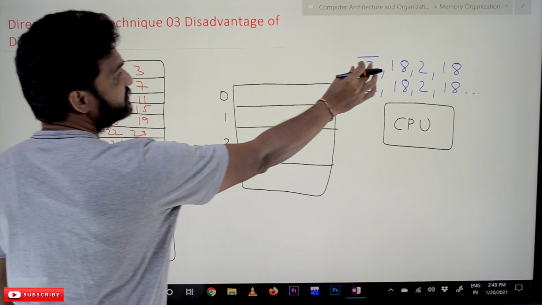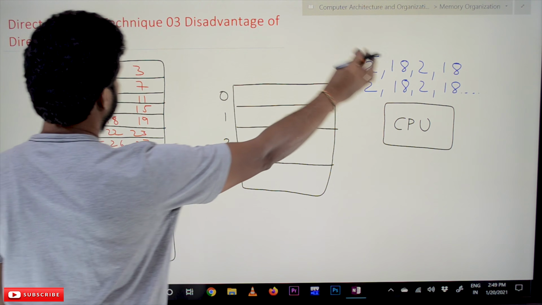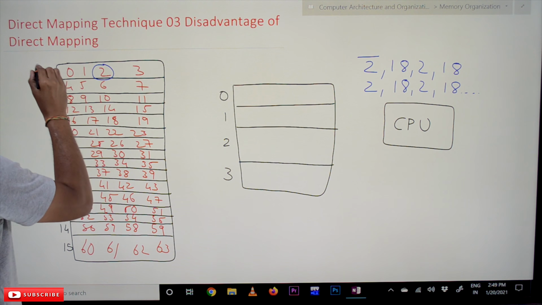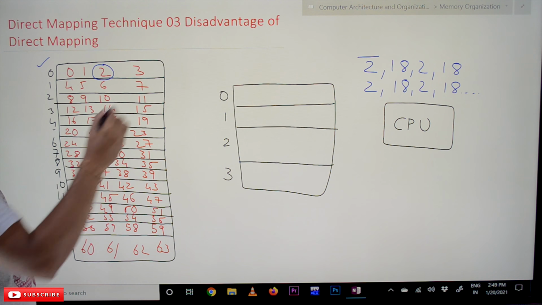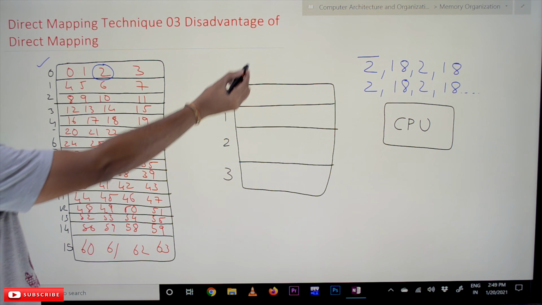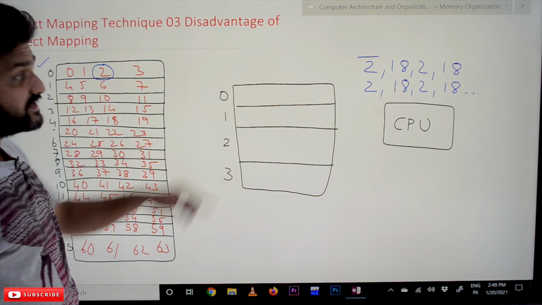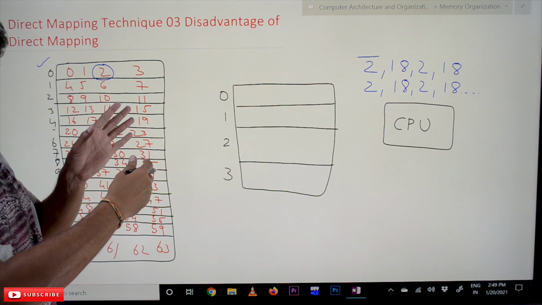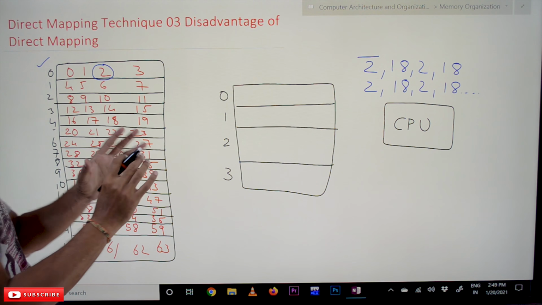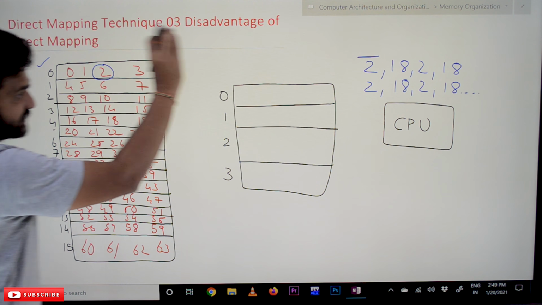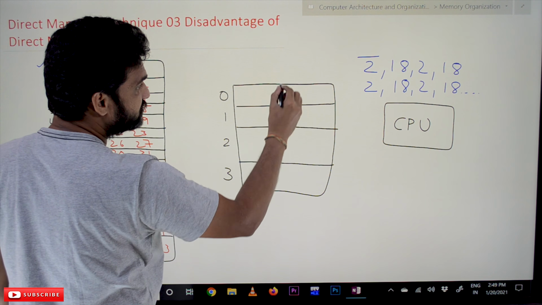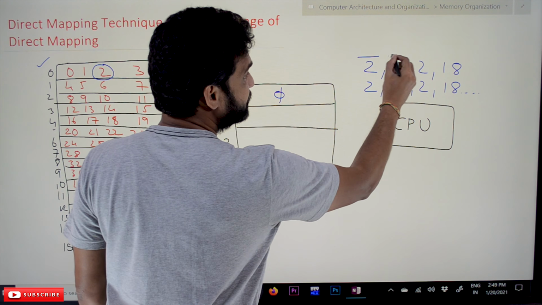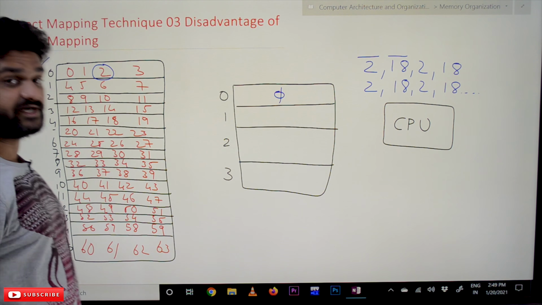Now whenever the second word is requested, it is in the 0th block. This address mapping we have discussed based upon the 6-bit address generated by the CPU, and those 6 bits are divided into 2 halves. All these concepts have been discussed. So this 0th block has to be transferred onto the 0th line of the cache memory. What is the next word requested by the CPU? It is the 18th word.